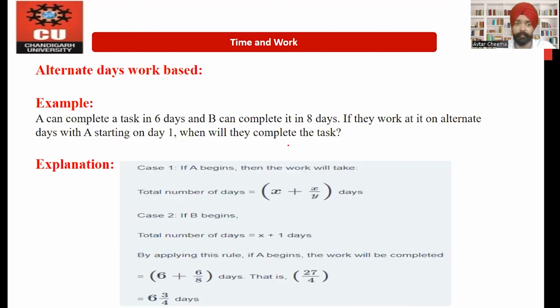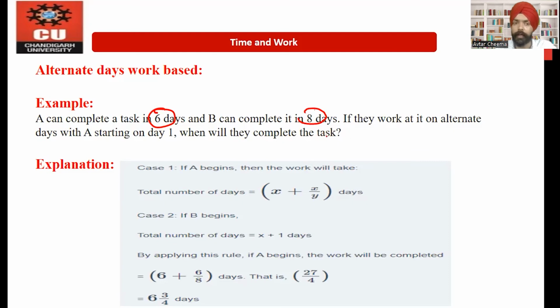Now the next one, this is the last concept, based on alternative days. For example, A can complete the work in 6 days and B can complete the work in 8 days. They are working on alternative days and start with A. Then when will they complete the task?